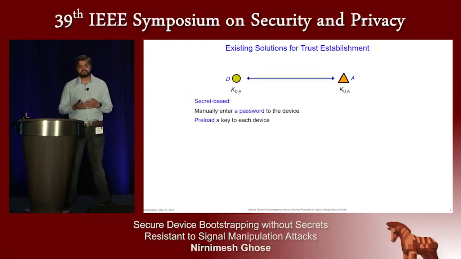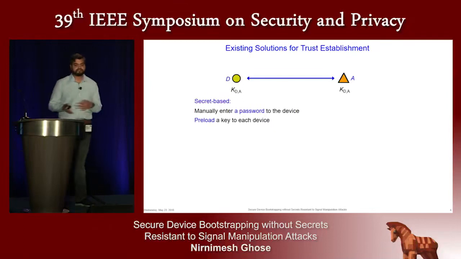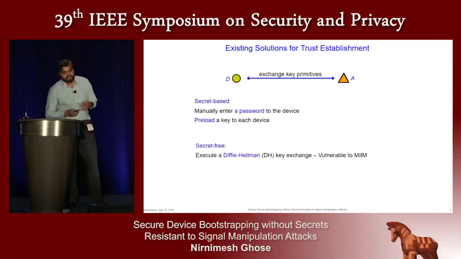Alternatively, manufacturers tend to preload a key to each device when they are shipped from the manufacturing process. But sometimes the default keys get leaked, and users don't tend to change these default keys, which could lead to compromise of devices.